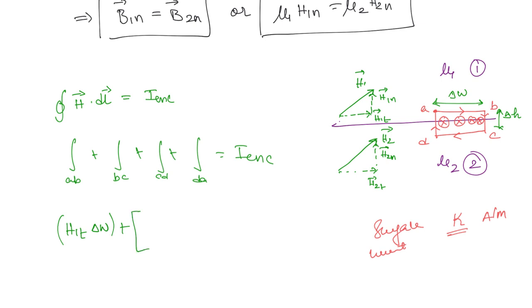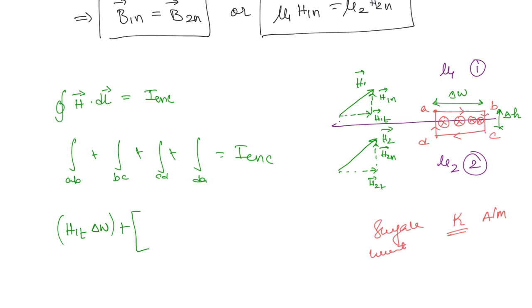Now for BC, BC has two parts. In region 1, let's say this length will be delta H by 2, because we are taking it symmetrically. For this length, what will be the magnetic field that is present parallel to it? H1n bar. H1t bar will be perpendicular, so there is no contribution because of H1t bar along BC.